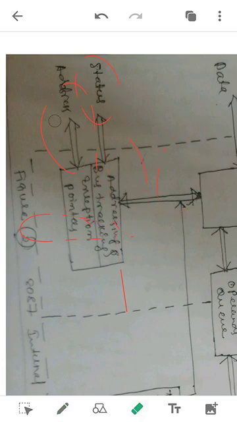So this is the architecture of the 8087. So let us see what is the control word.